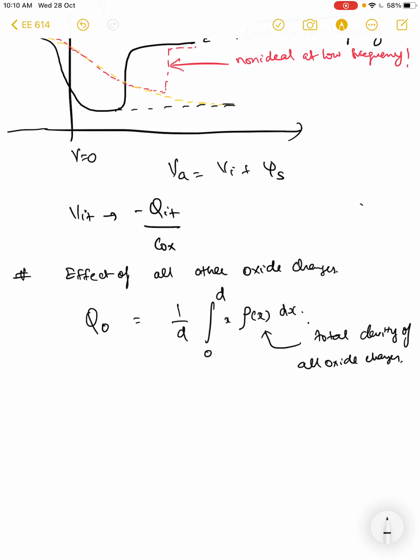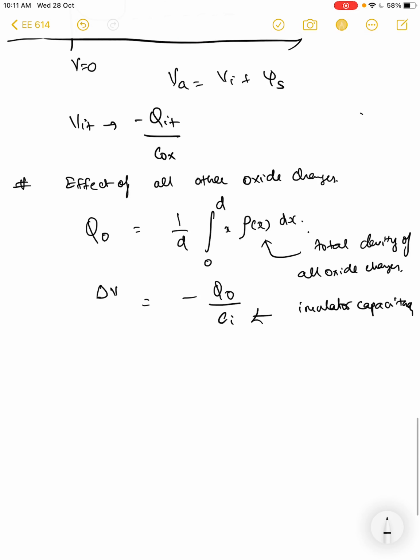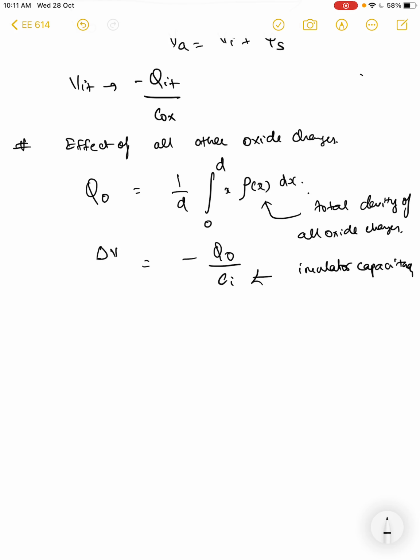including its sign, right? So if Qi is a total oxide charge density, Q naught, then you have some del V, which is the potential on these oxide charges, which will turn out to be minus Q naught by Ci, Ci being the insulator capacitance, right? And hence, if you have an overall positive charge at the oxide, you will have a CV.